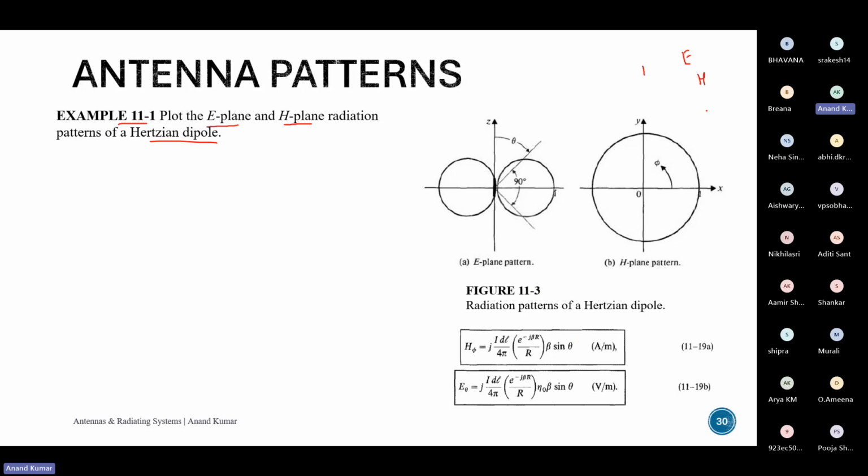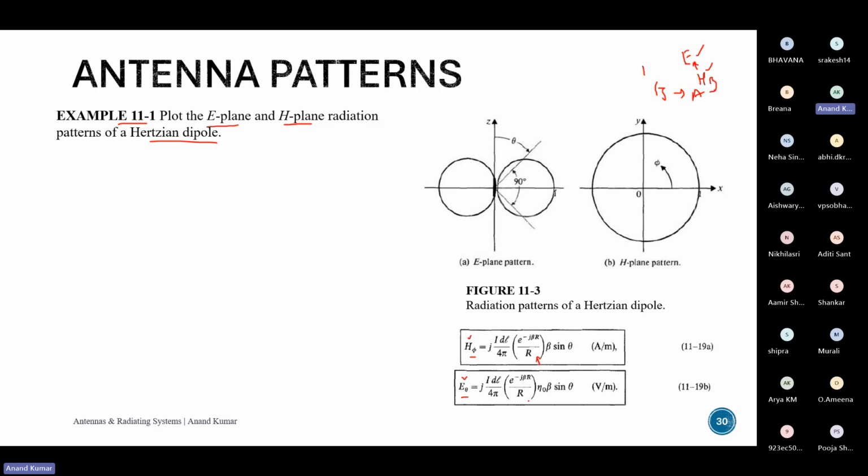Upon the derivation, if you remember, we had the value of J, and from J we got the value of A, and from A we got the value of H, and from H we got the value of E. So this is how we went, and at the end we had the value of the electric and magnetic fields at the distance, and there were these expressions over here, the H phi and E theta. So we have the electric field and magnetic field expressions in the far field.